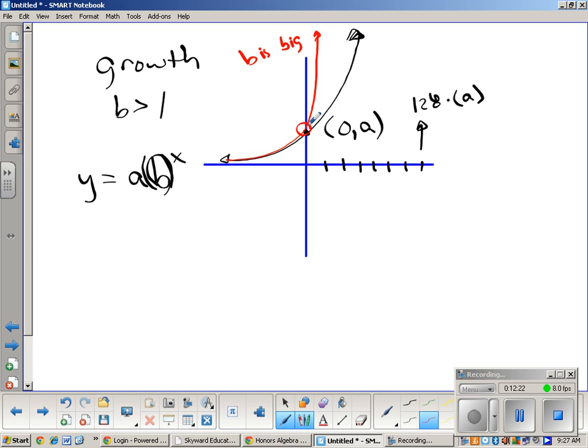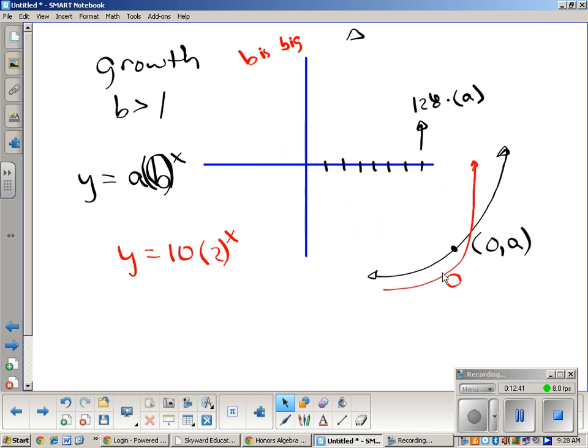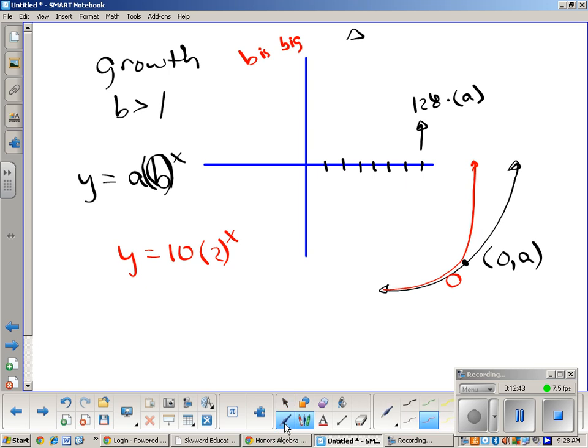Okay? So if I had y is equal to 10 times 2 to the x, then this graph is going to look like this, and this value here has to be 0, 10.